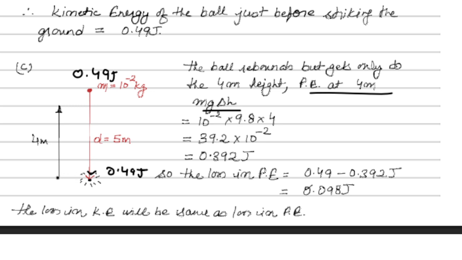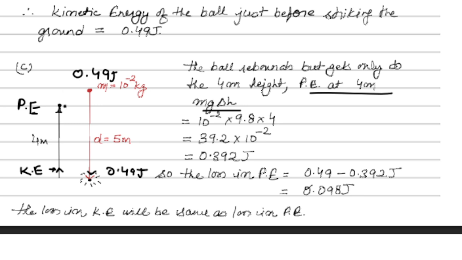So the energy which was going up will totally get converted into potential energy at the 4 meter height, where the remaining kinetic energy is consumed. Whatever the potential energy is at the top of the 4 meter height, it will be the same as the kinetic energy of the ball just after the strike.